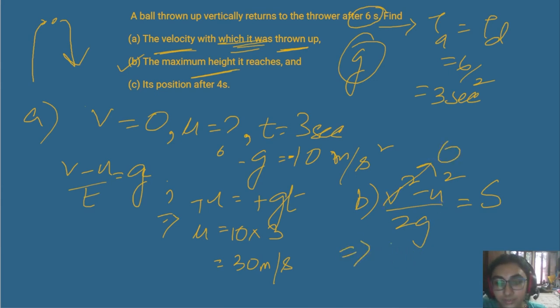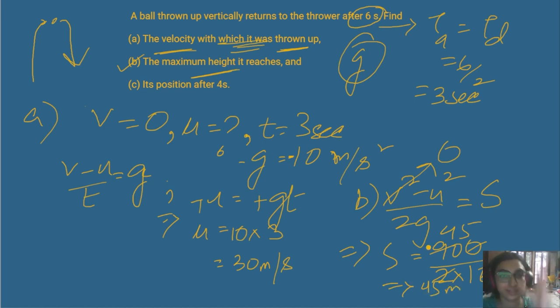So s is basically equal to u square by 2g, which is 900 by 2 into 10, which is 45 meter, right? So it is technically minus 45 meter because it's against the gravity. But since we can't really say distance is negative, we'll just write 45 meter.